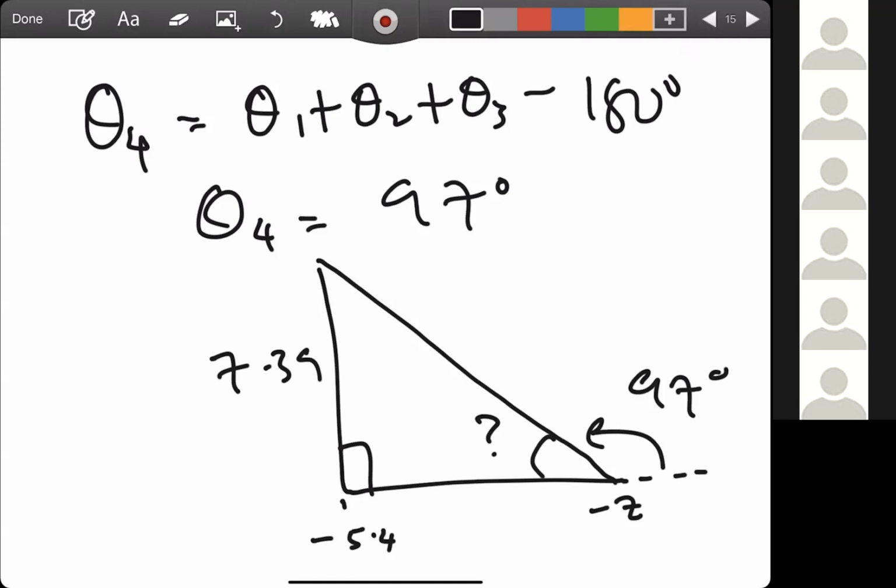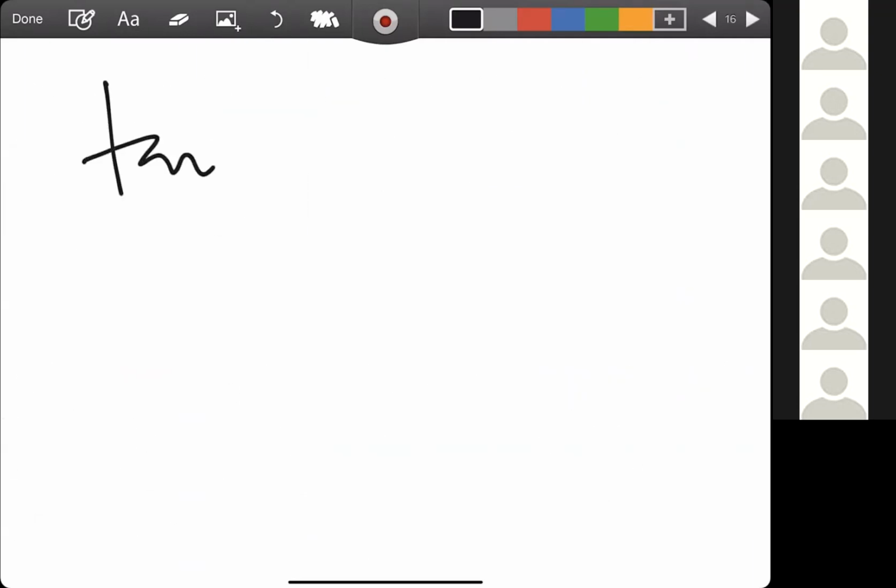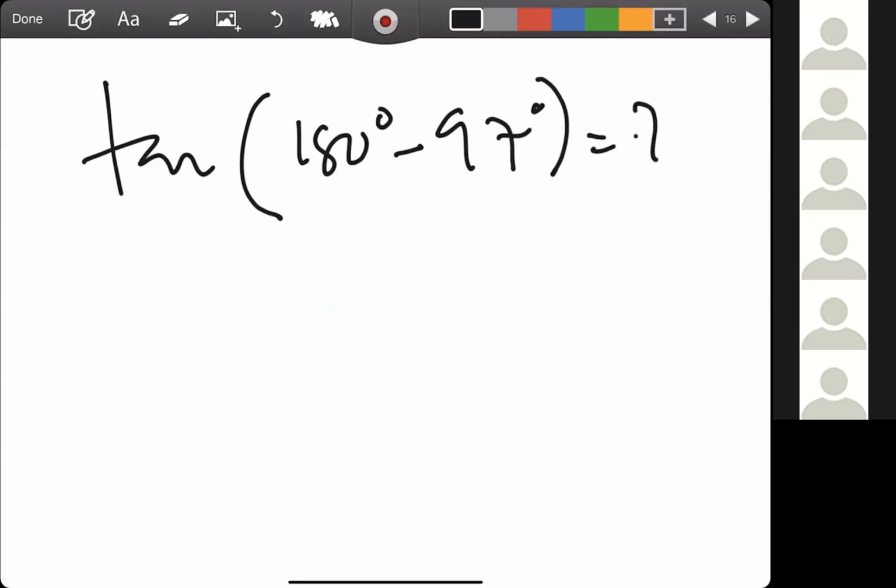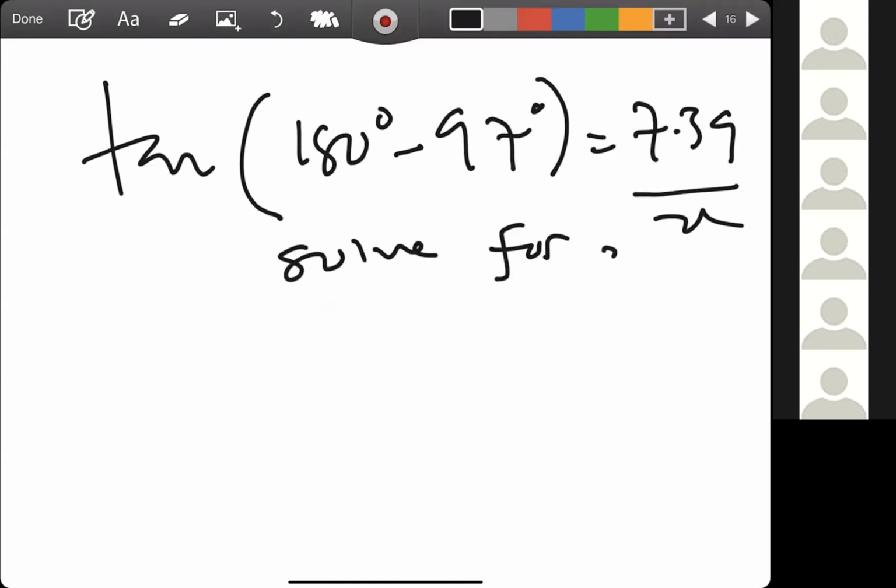We have to find the angle so that we know the distance between minus Z and minus 5.4. So using tangent, we solve and get minus Z equal to minus 4.49.